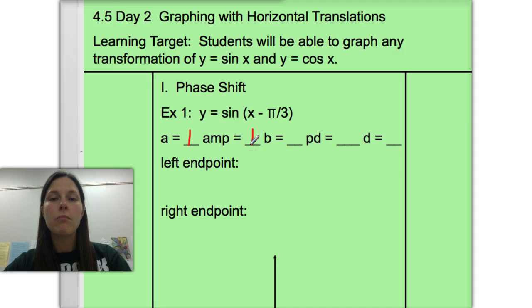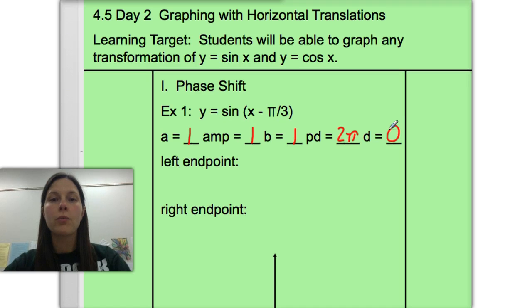B value, what are we multiplying by the x? In this case 1, so 2 pi divided by 1 will still give us a period of 2 pi. And d, we are not adding or subtracting anything outside the parentheses to the whole function, so we have no vertical shift. We do, however, as promised, have a phase shift.